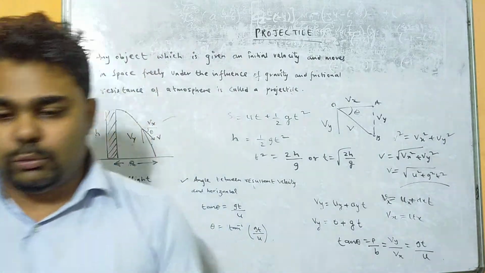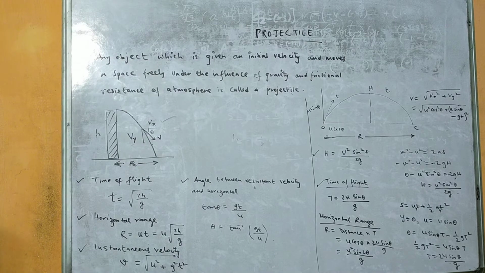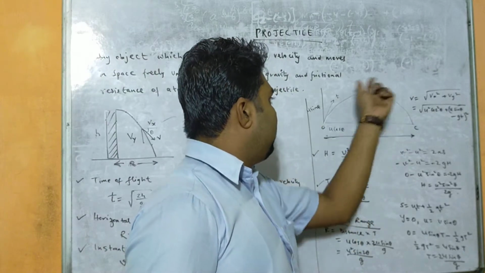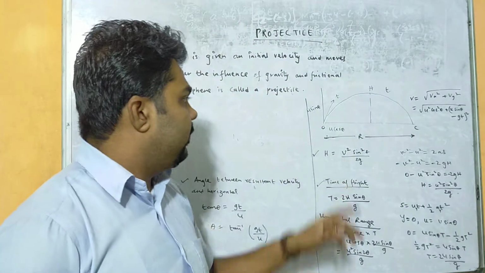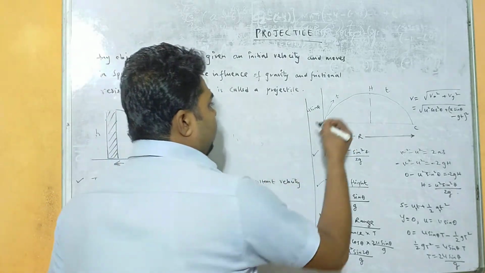So next we will find what happens when it is thrown from the horizontal level. Next we will find the horizontal travel of a projectile. See, let us consider an object is thrown from point O with an initial velocity u, right?